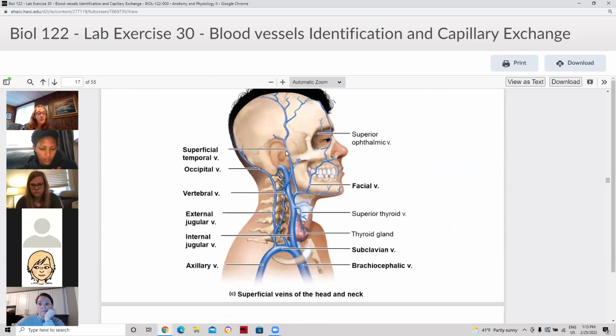So just like we saw with the arteries, we're going to have a lot of matching veins here. Superior temporal vein, occipital vein, facial vein.